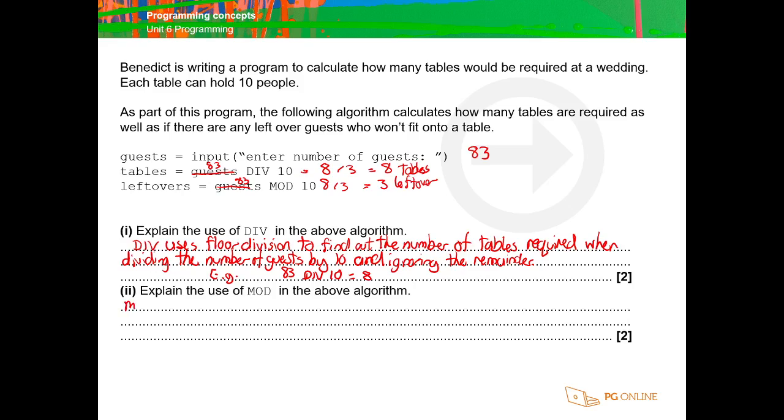So what does mod do? Mod finds the remainder after division, brackets, no space, after division of the number of guests divided by 10.